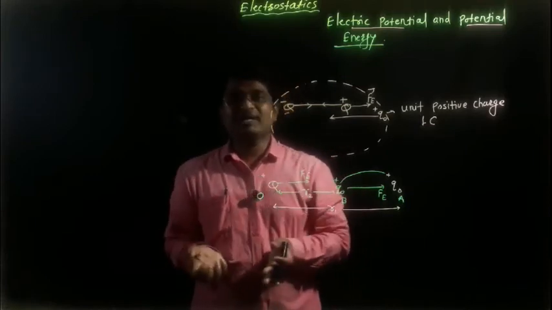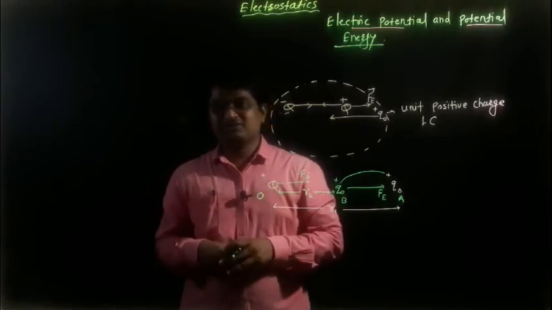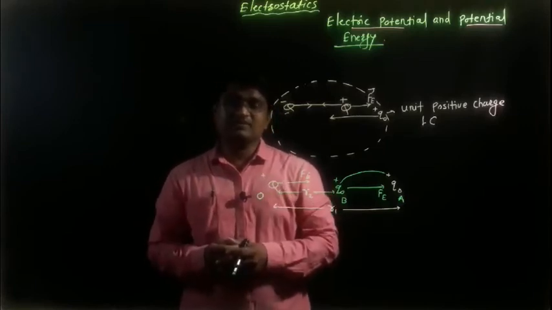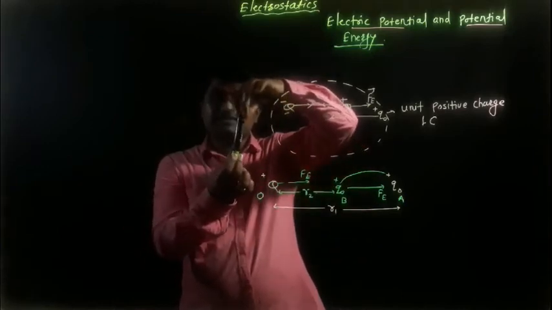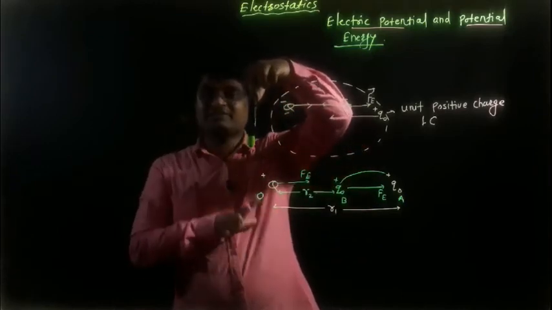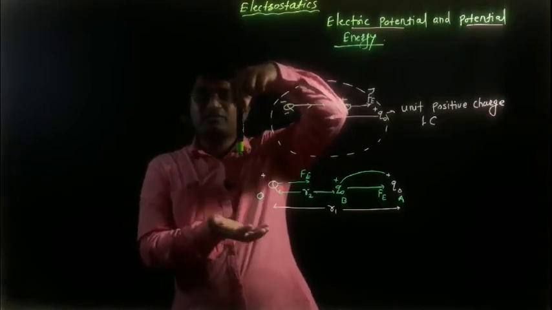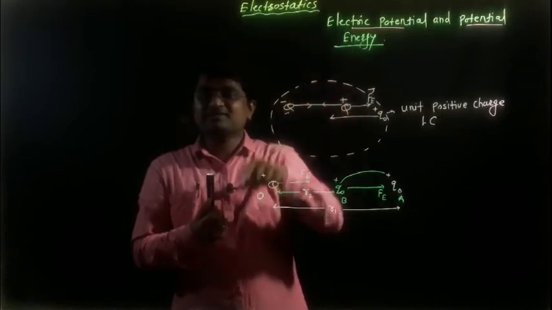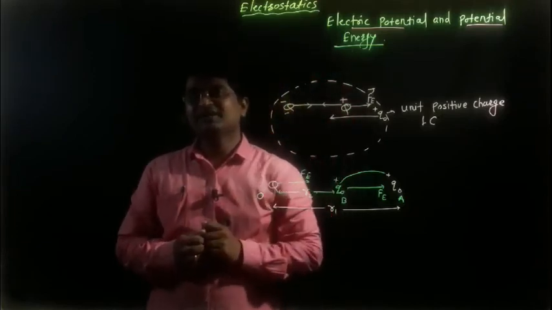Actually we know that as per the definition, potential energy is the restored energy. It is stored in the object. Let's imagine that this marker is present on my hand. The energy is stored, and this stored energy is called potential energy, because when my hand is removed, the marker moves in the downward direction. It means its potential energy converted into kinetic energy.